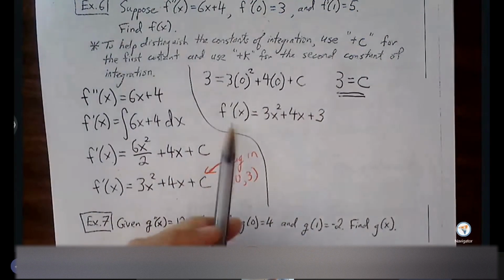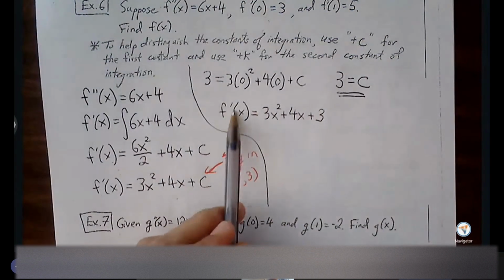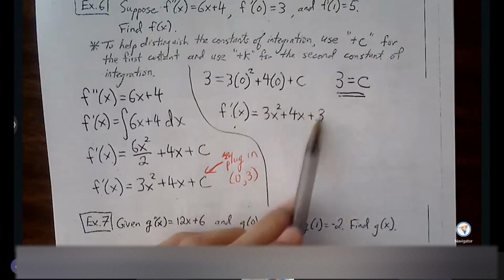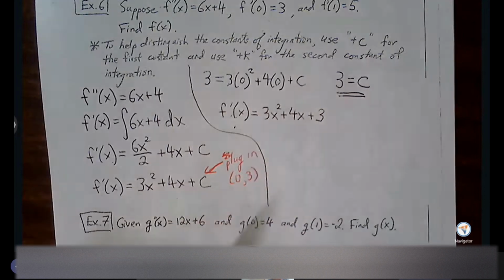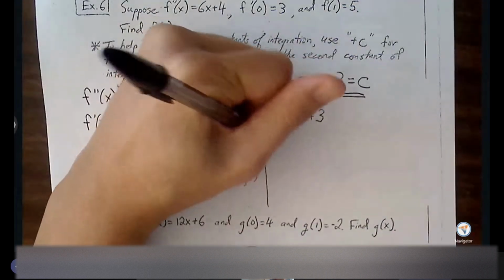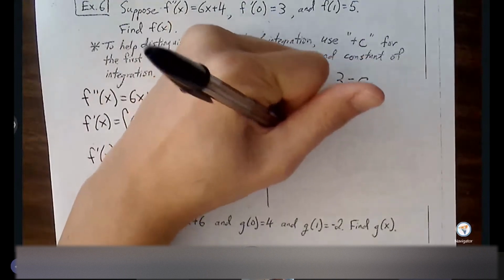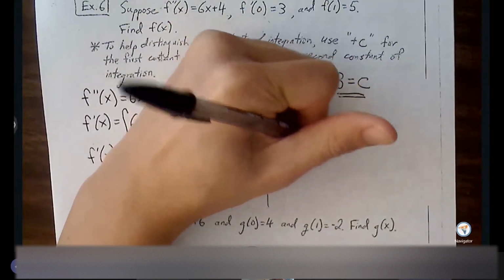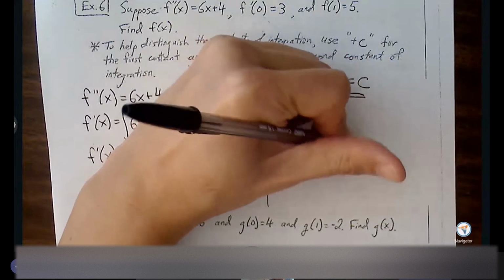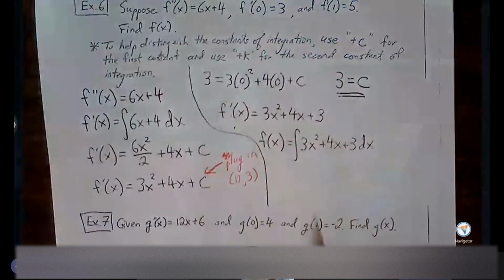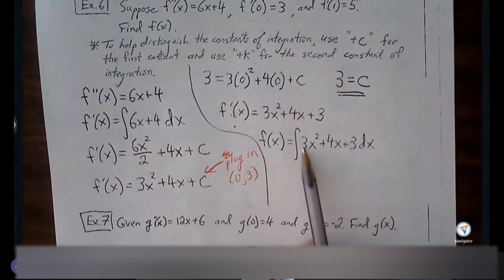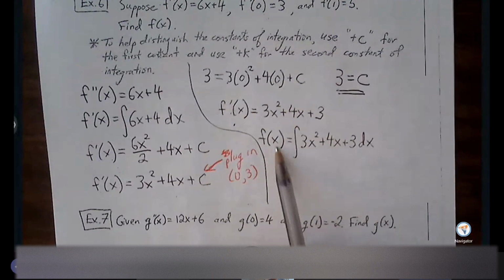Now that I'm sitting at the f prime level, I'm going to take the antiderivative again, and that should bring me up another level to my f of x. So once I go through this procedure, it'll convert this expression to the f of x level.